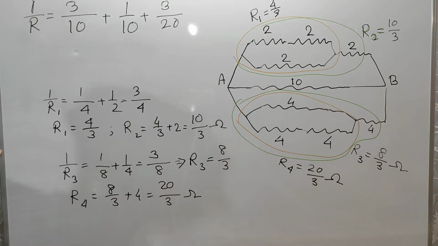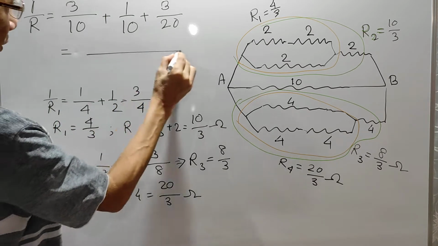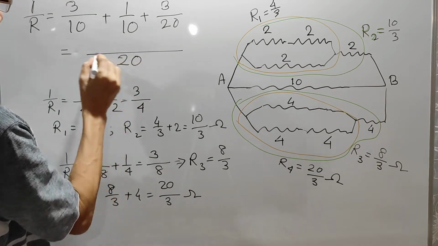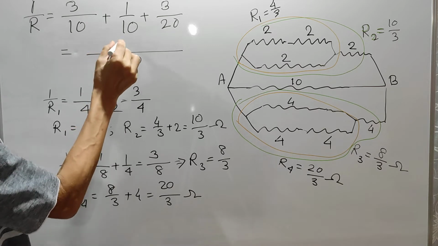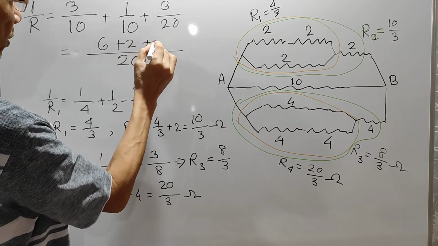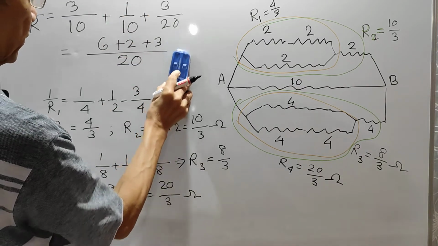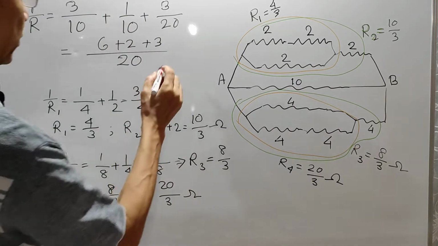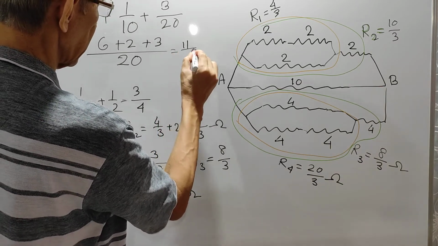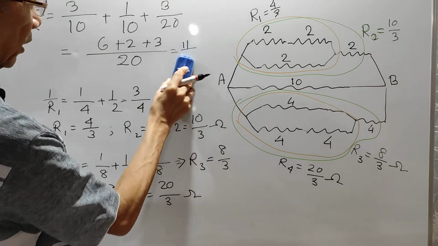Using the formula 1 by R equal to 1 by R1 plus 1 by R2, those you know. So with 20 as the common denominator, you get 6 plus 2 plus 3, that means 11 by 20.